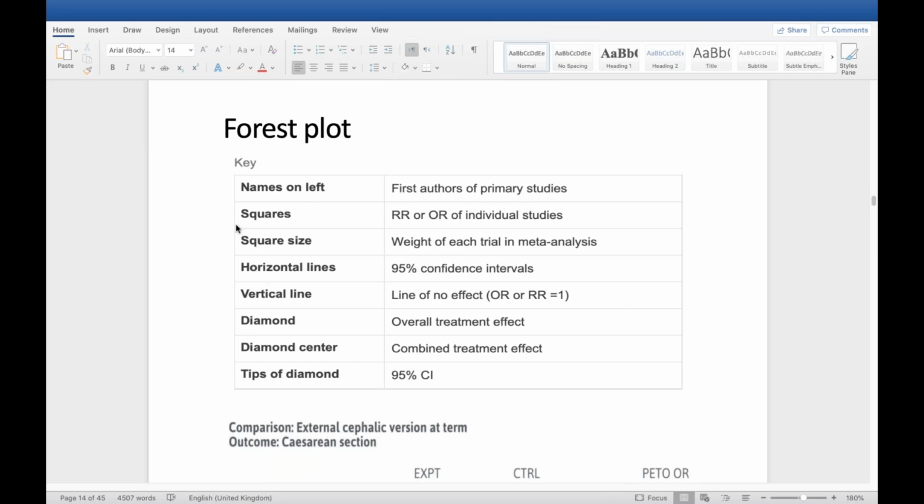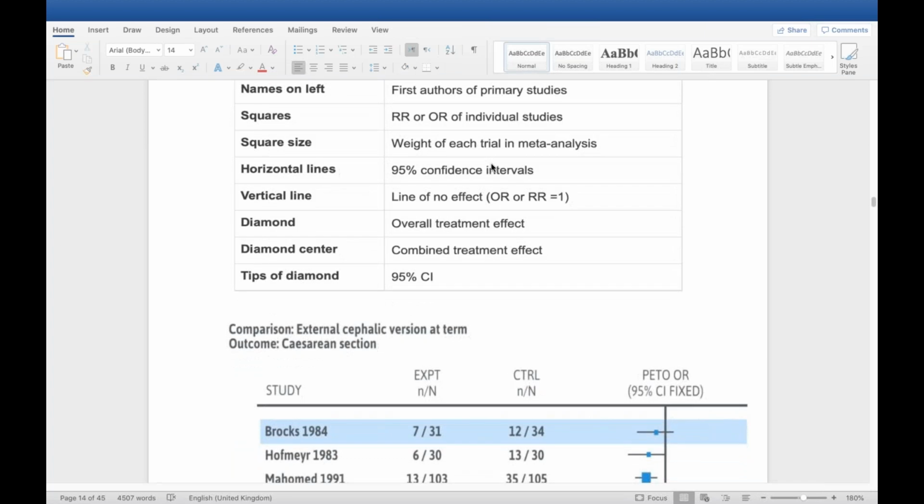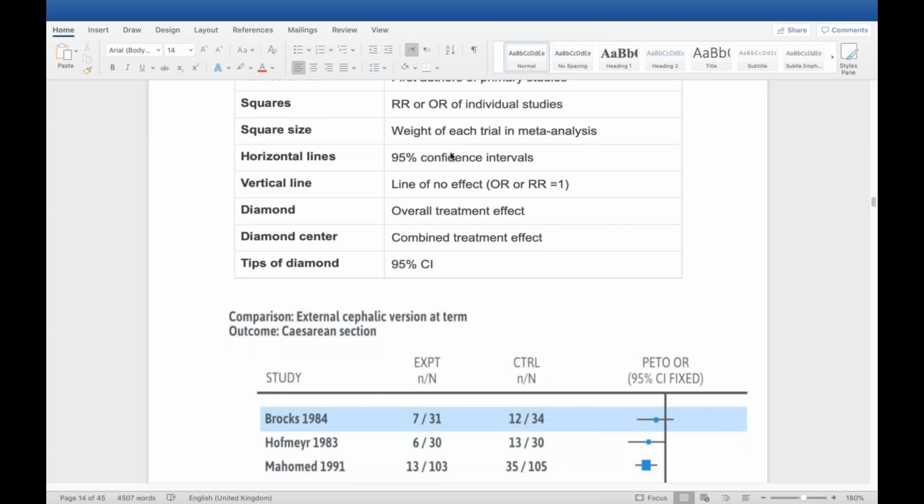So how to read the first plot. The name is on the left, and the squares are the relative risk or odds ratio of the individual studies. Square size is the weight of the study. So I have to weigh the study, how strong is this study and how many patients were in it.